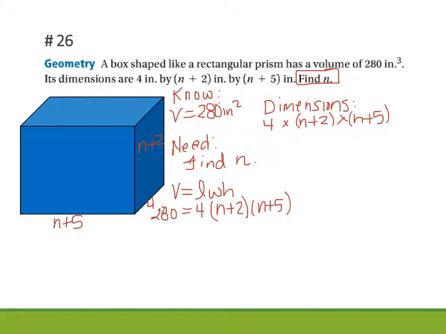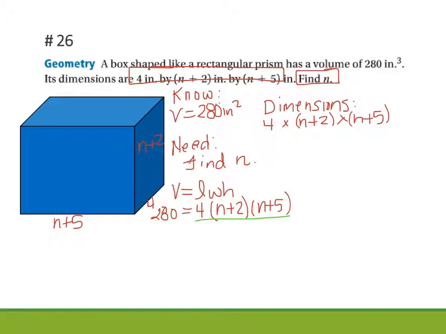Now notice that it doesn't matter which order I put the dimensions in. So I just took the dimensions straight out of the problem and plugged them into my equation. I could have written those dimensions in any order because according to the associative property of multiplication, it doesn't matter the order that I multiply in.